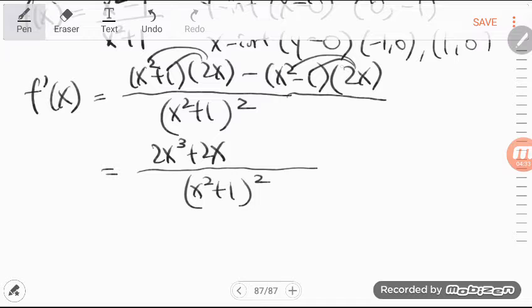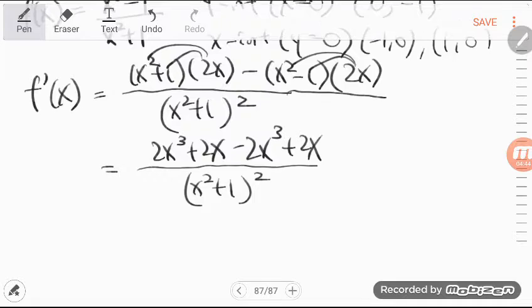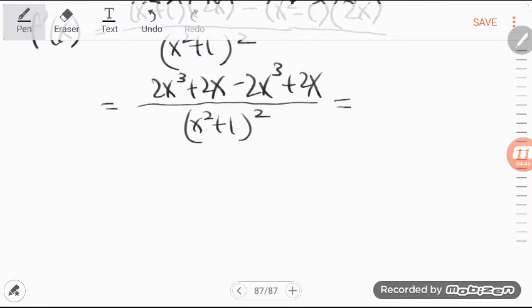So 2x times x squared times the negative in the front gives minus 2x cubed. 2x times negative 1 gives negative 2x, times the negative in the front, plus 2x. So I can further simplify this as 4x over x squared plus 1, squared. The 2x cubed terms cancel out.